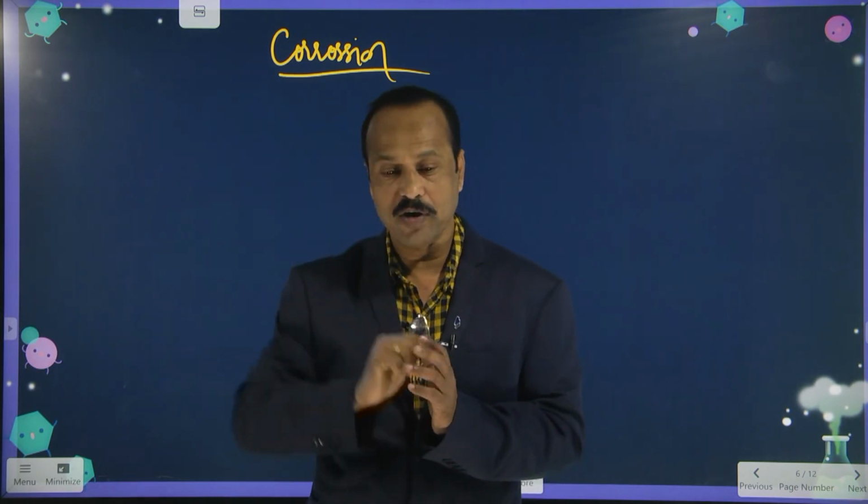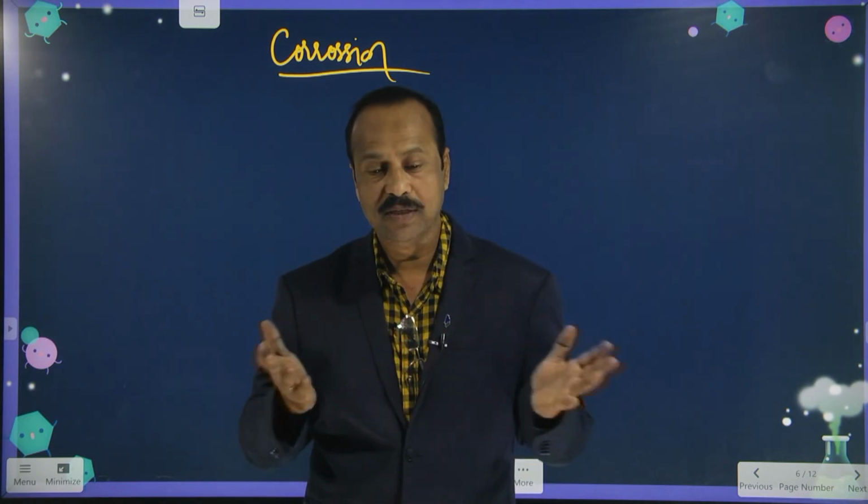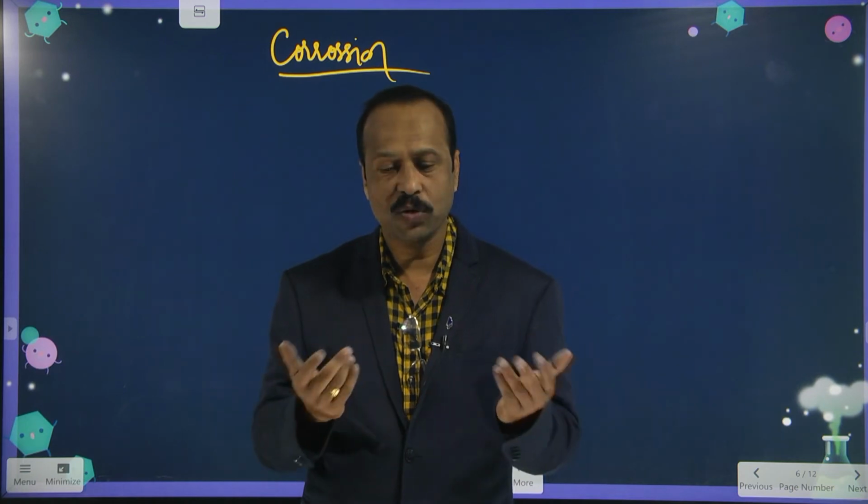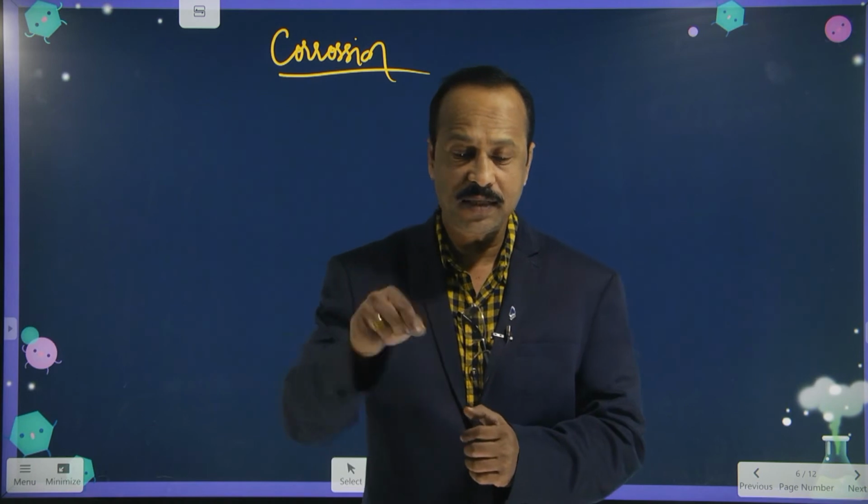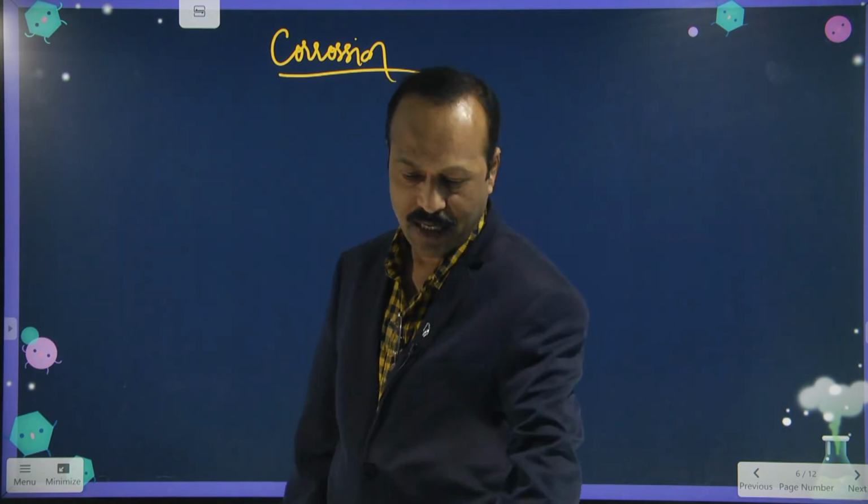That's also like rust, corrosion. Silver reacts with sulfur from the air and forms a black coating on it. This reaction is called corrosion. Is this clear to you now?